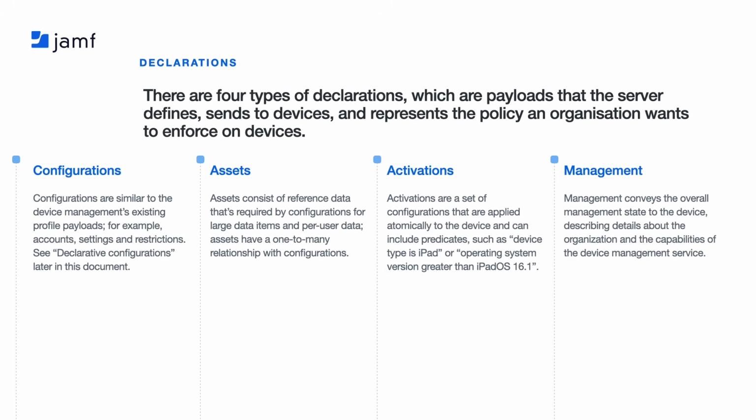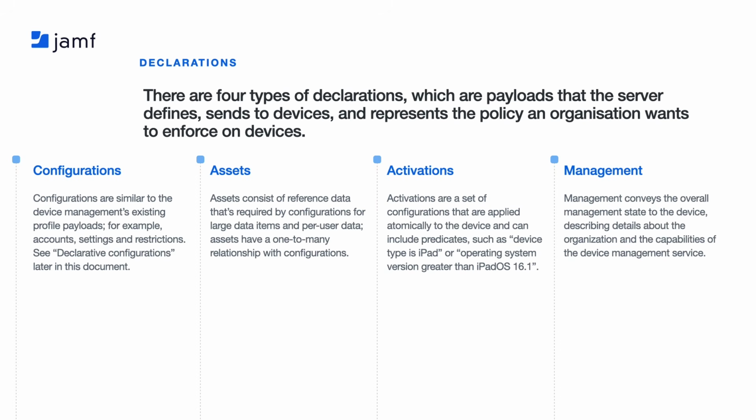The desired state is expressed through declarations, and there are four key types: configurations, which define what the device should look like, settings, restrictions, accounts, and the policy itself. Now, assets provide the supporting data that configurations rely on, so things like credentials or reference information that may vary by user or device. Activations determine when and where those configurations apply.